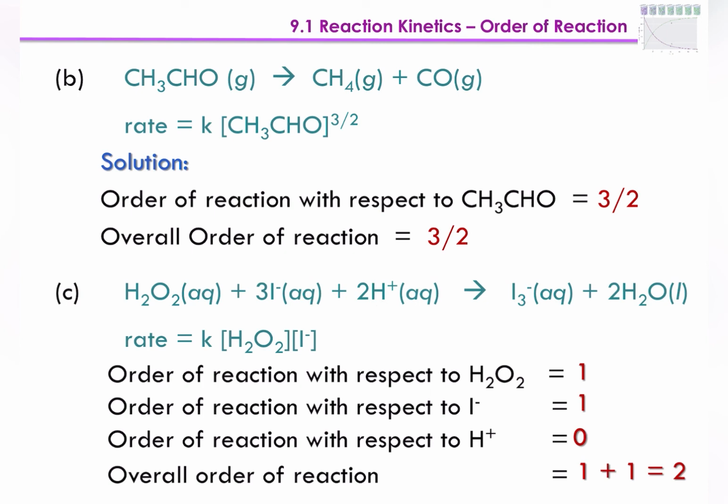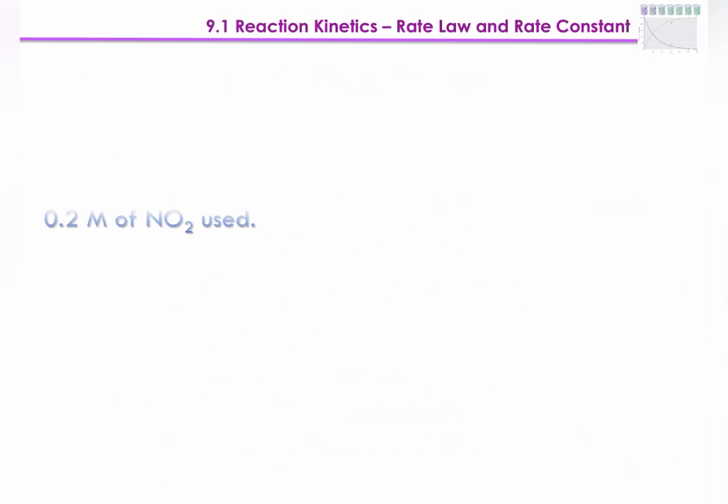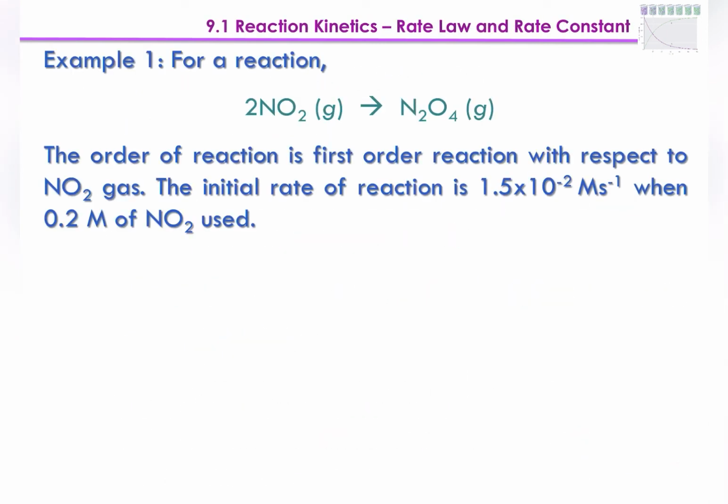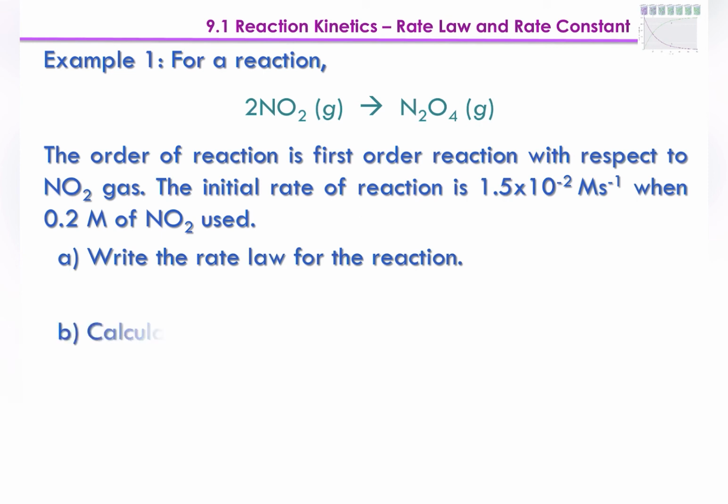Let's try the last example, which is example 1. So this is my question, and I want you to answer question A, write the rate law for the reaction, and question B, calculate the rate constant for the reaction. So how do you determine the rate law for this reaction? You see from this statement, the reaction is first order with respect to NO2 gas.